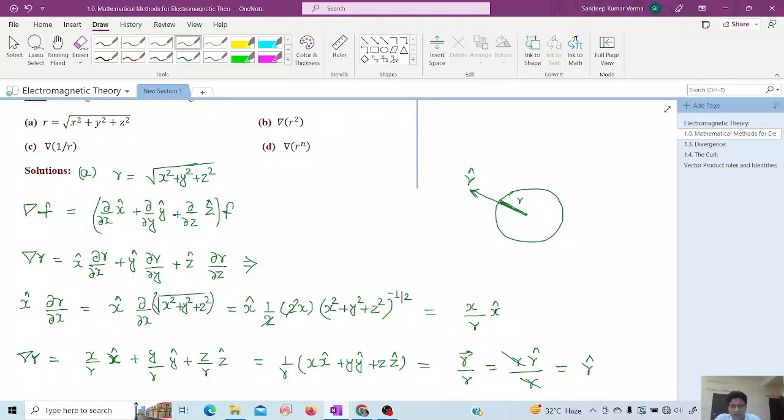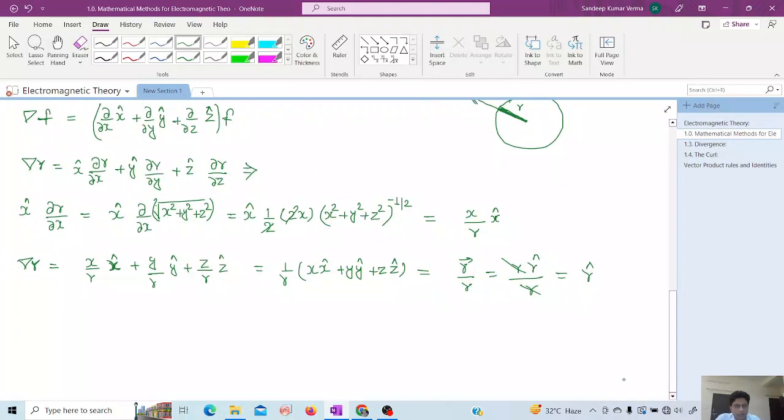This tells about the direction of maximum increment of the field. In this way we can solve the other problems also. Here I left the other problems and solved only problem D. So this is the solution for D.